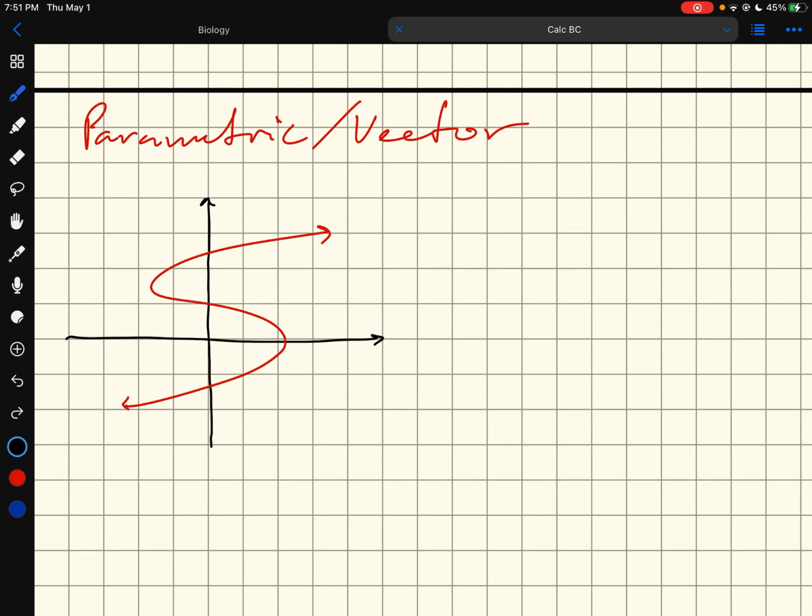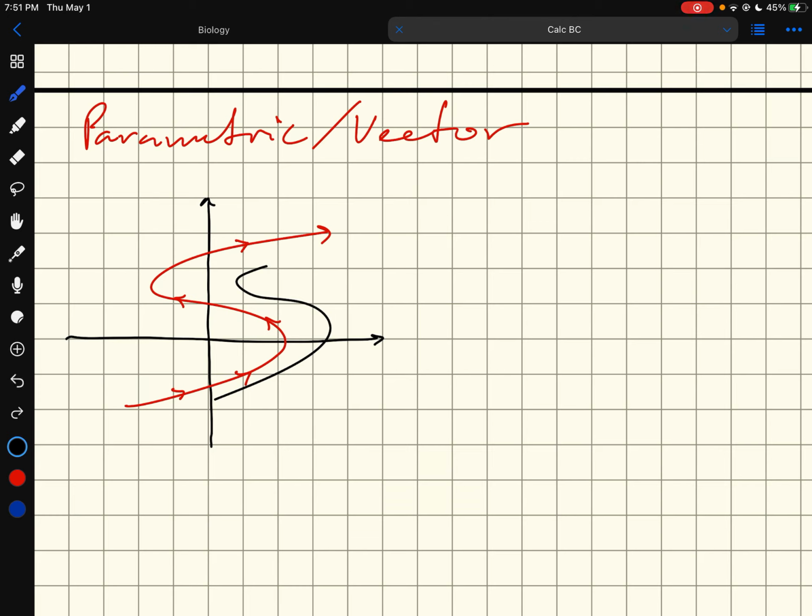So what people do to get around that is they make it so these x and y values are given one more variable, which is that movement along the curve. So instead of it just being a curve and then at some point you have a value, you're moving along this curve.